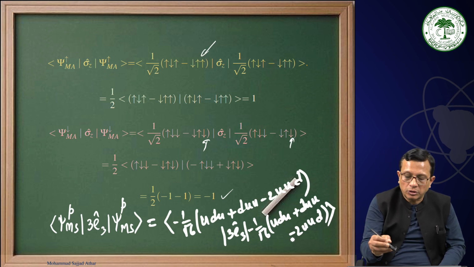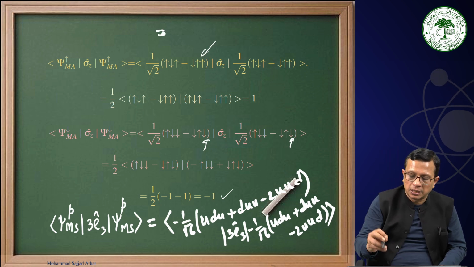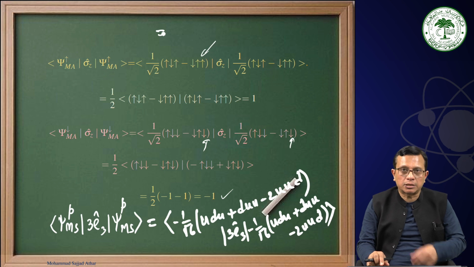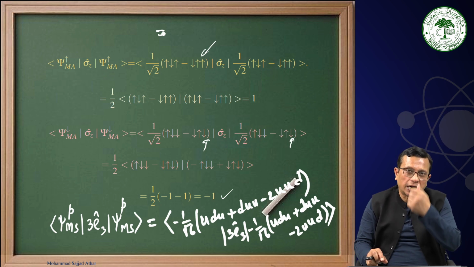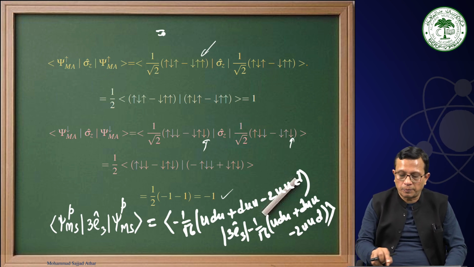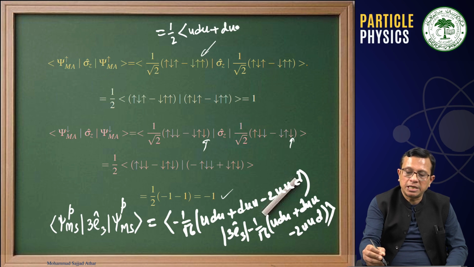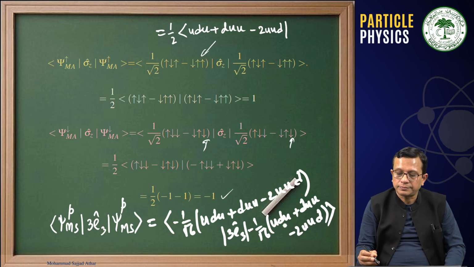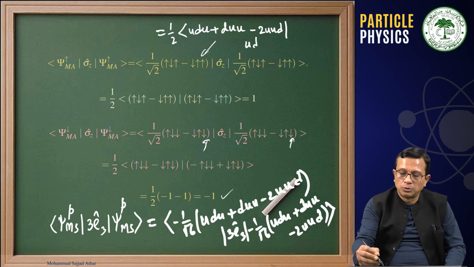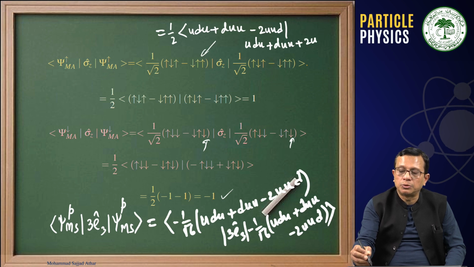And therefore, if you notice, I can write this as minus 1 by root 6 minus 1 by root 6 outside. That will give us minus plus 1 by 6 and 3 outside. That means this is 1 by 2. Then what I have? (udu plus duu minus twice uud), and then (udu plus duu plus 2 uud).